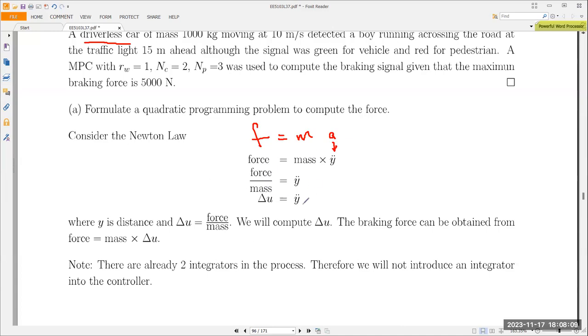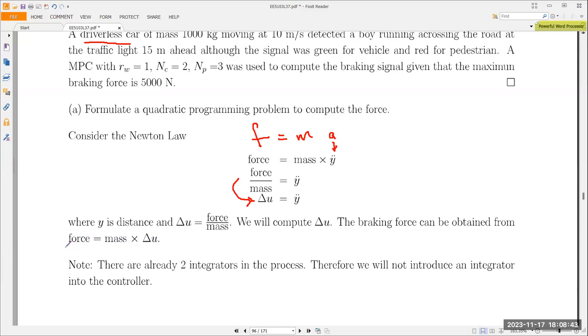Then we define the MPC control signal as force over mass. In the question, the MPC will calculate delta U. If you want the real delta U, which means the real force, it's very simple: whatever you get for delta U, you multiply by 1000, and you get the real force to apply to the brake.